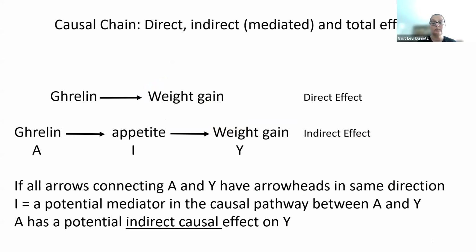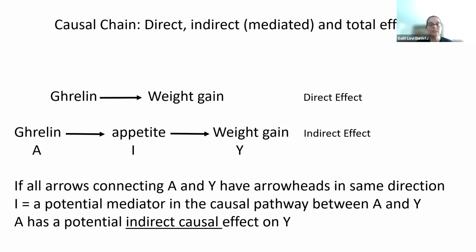So here we see two different pathways going from ghrelin to weight gain. The first pathway is a direct pathway. The second one is indirect, through a mediator, which is appetite. So when you look at the direct effect and the indirect effect together, when we sum them, they are considered as the total effect between ghrelin and weight gain.